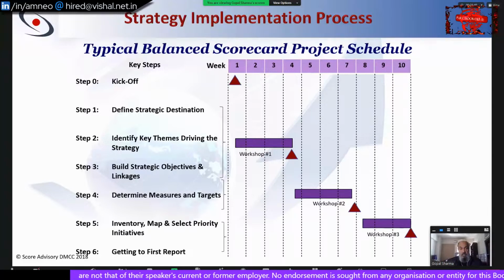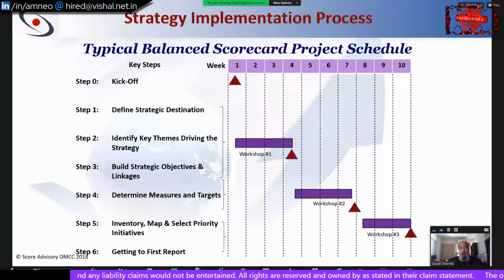Right? The fourth step involves developing measures of how you're going to drive and measure the performance. So measuring the performance is not only the financial measures. Here we are talking about all those lead measures which lead to the financial results.